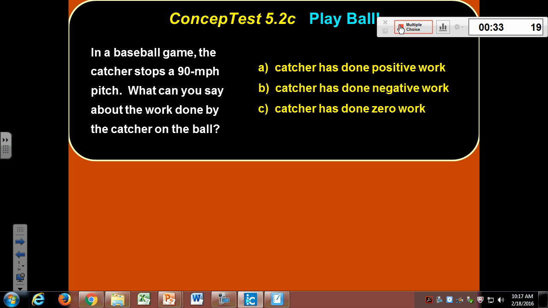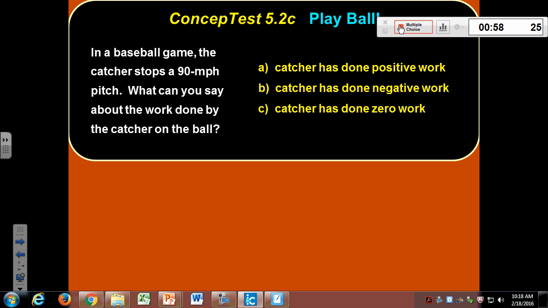Remember, the positive and negative doesn't refer to a direction. It refers to something else that the work does. What does the positive and negative mean for work? If I have positive work, what does that mean it's doing? Increasing the energy. If I'm doing negative work, decreasing the energy. So think about what this work is doing.